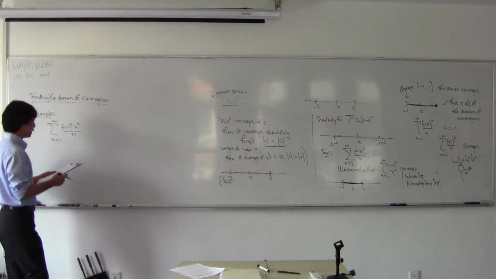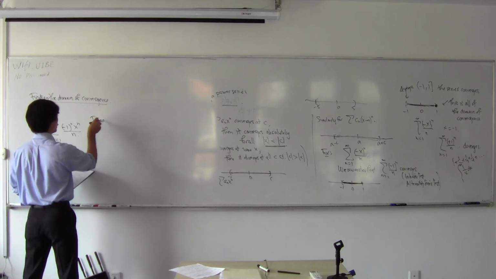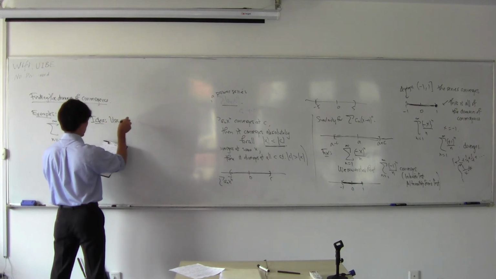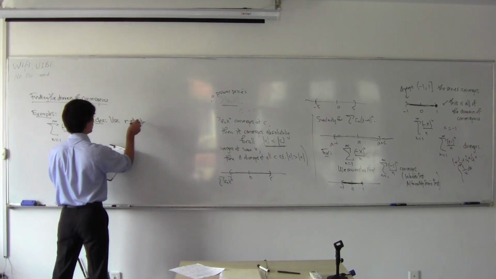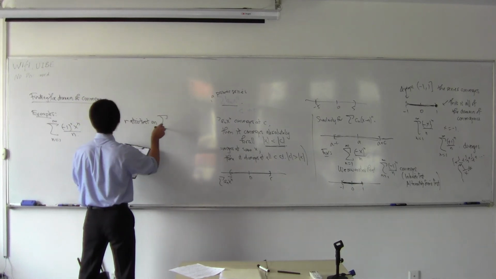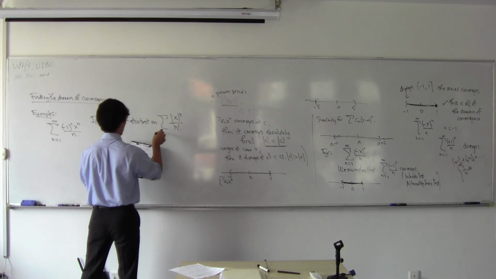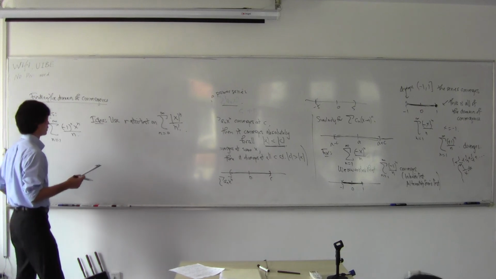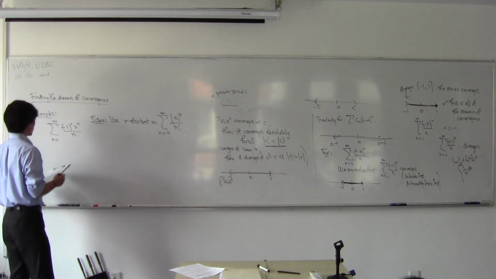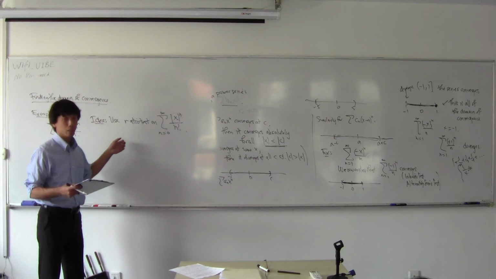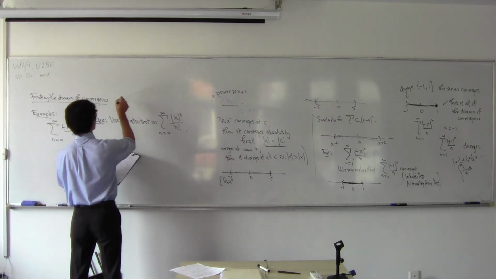The idea is to use the ratio test on the absolute value. Why?